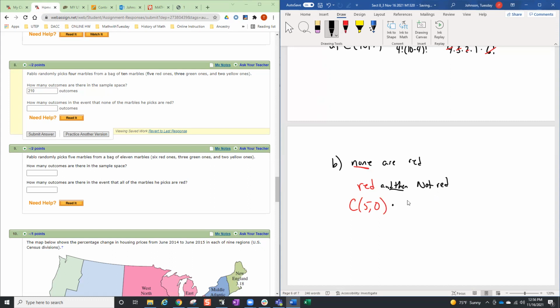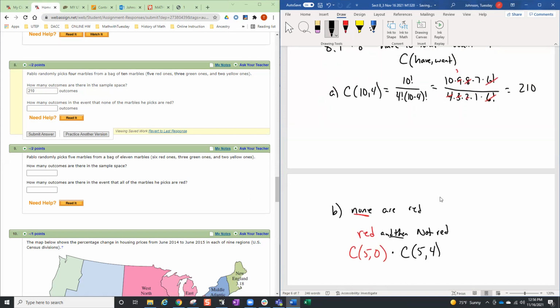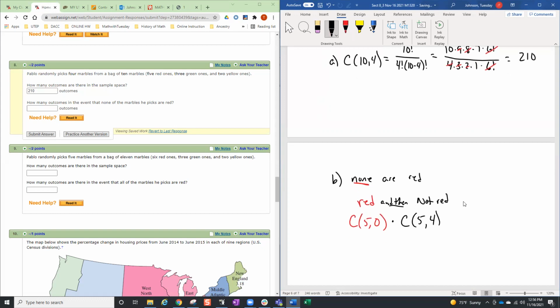How many are not red? Well, there are 3 green ones and 2 yellow ones, and those are not red. So 3 plus 2 makes 5 that are not red. And we want 4 of those because ultimately we're still trying to grab 4 marbles. We just don't want any red ones because we're marble colorists.